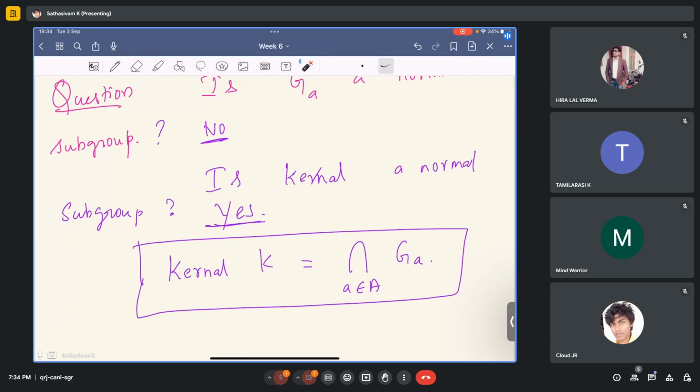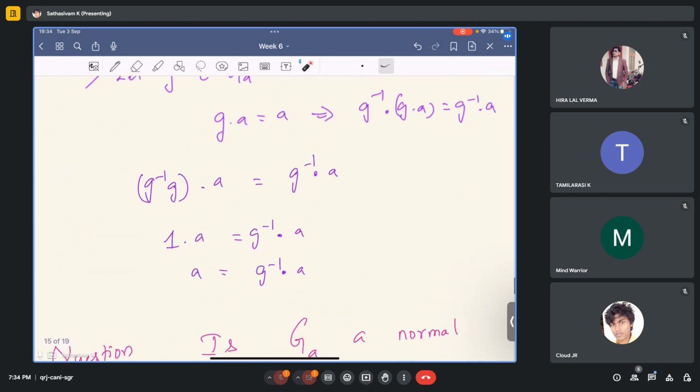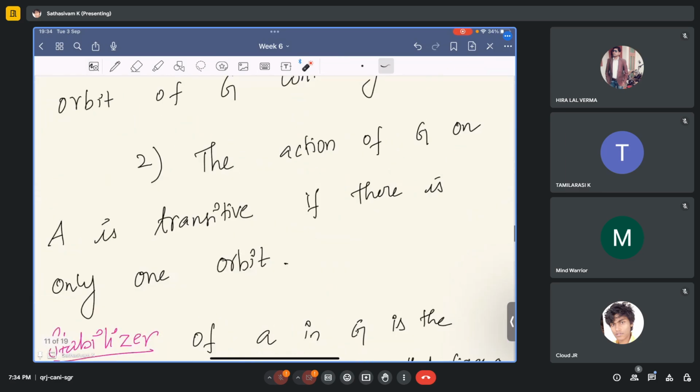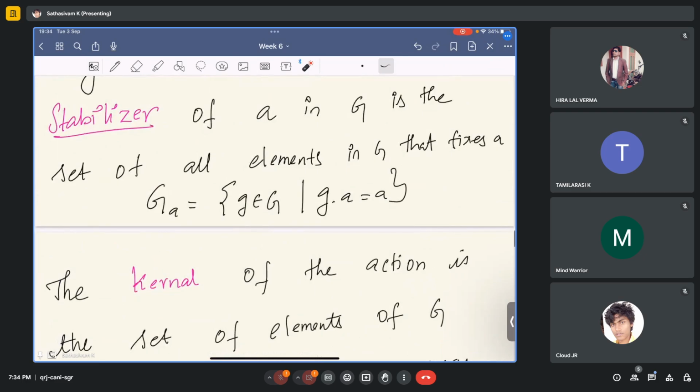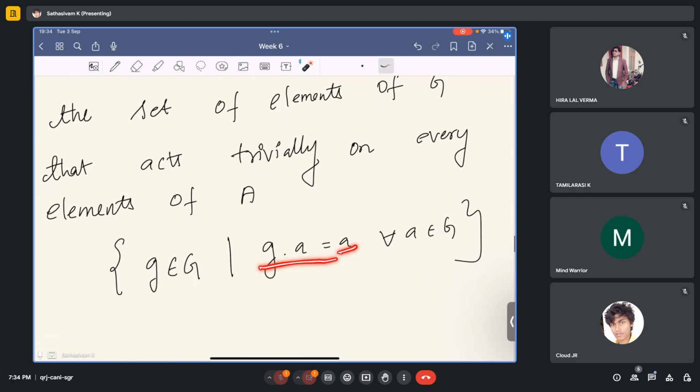So basically, what does G_a mean? G_a fixes a, right? So G_a is whatever the element that fixes this particular a. So the kernel is something that fixes every a.